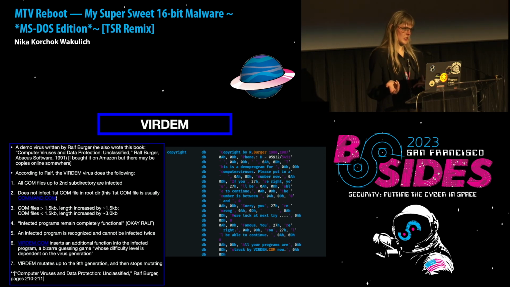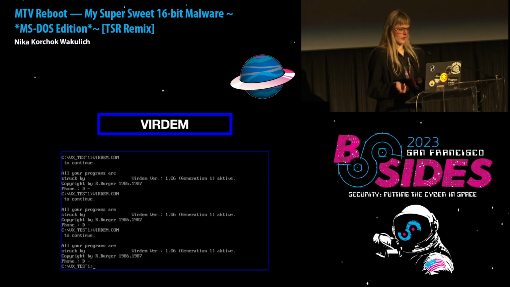So it goes up to 9 generations, and presumably gets more difficult after each generation. So this is what it looks like when it's executed. You have this nice little display of your programs are struck by Verdem, generation 1. It's not as cool, but it's a nice demo.